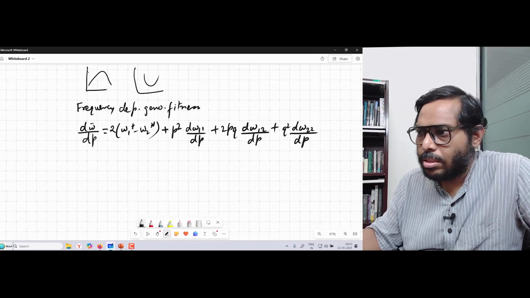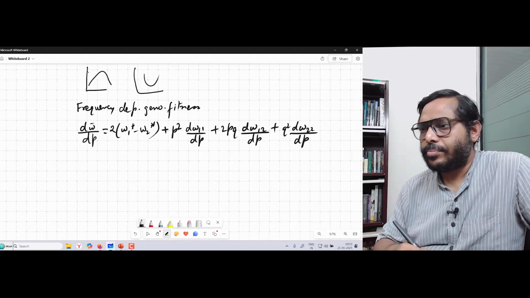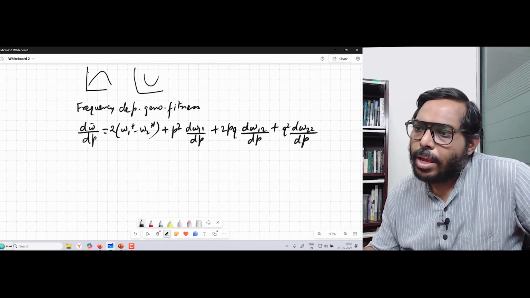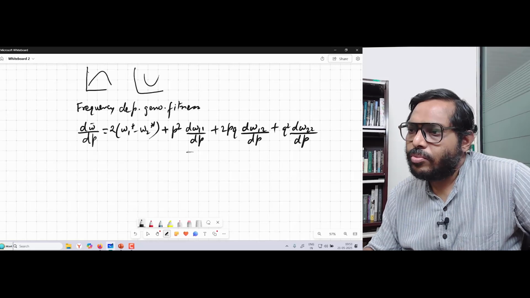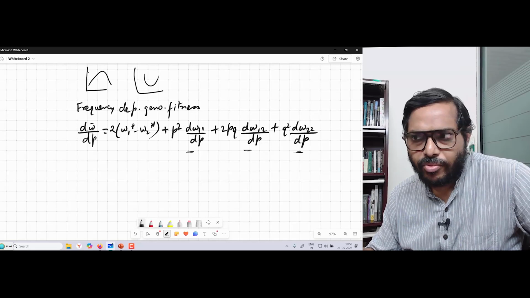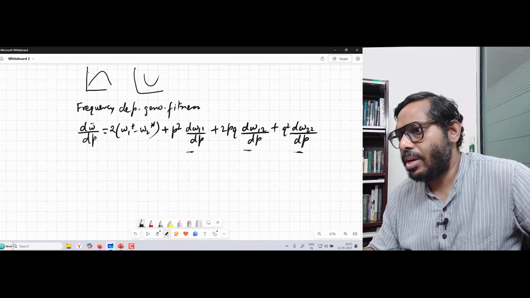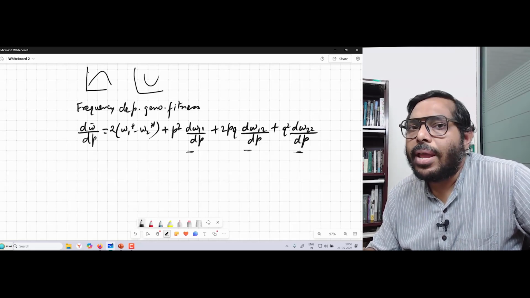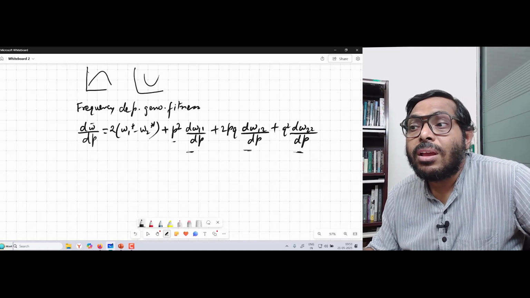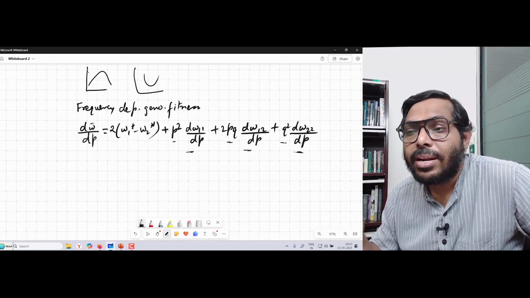This is the rule of differentiation. Now look at these 3 terms. What are they? These 3 terms are 3 differentials, the differentials of the corresponding genotypic fitnesses multiplied by their corresponding frequencies.